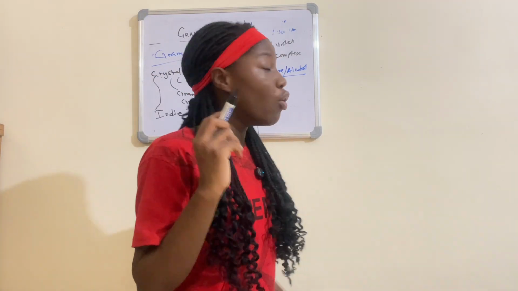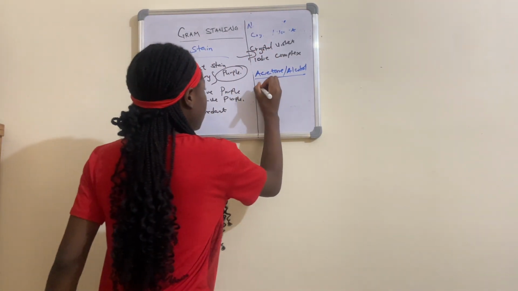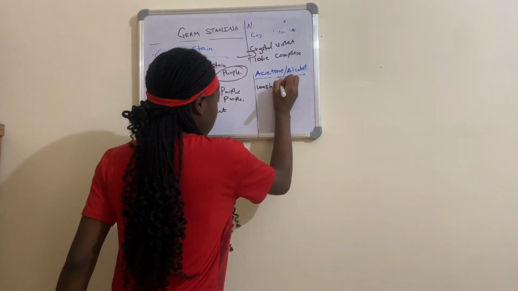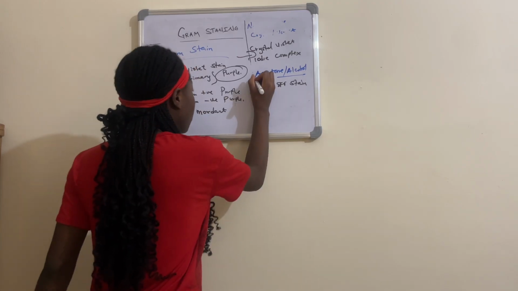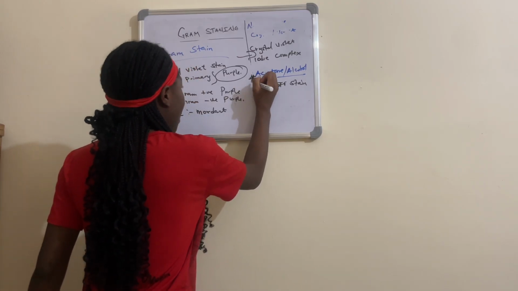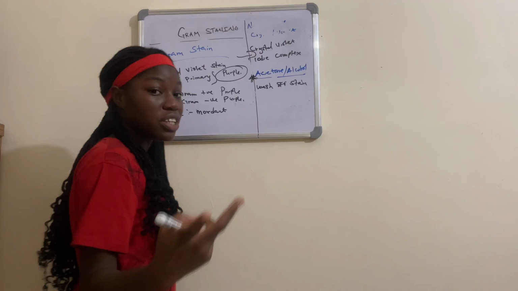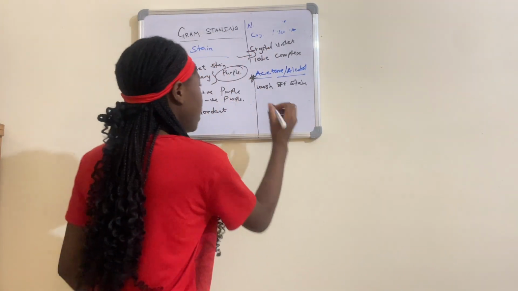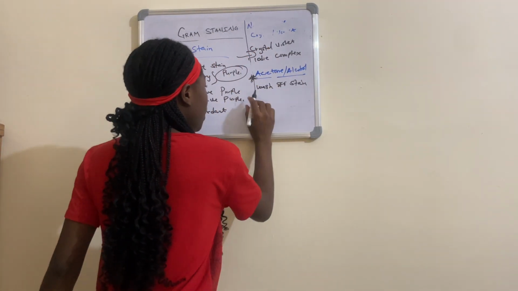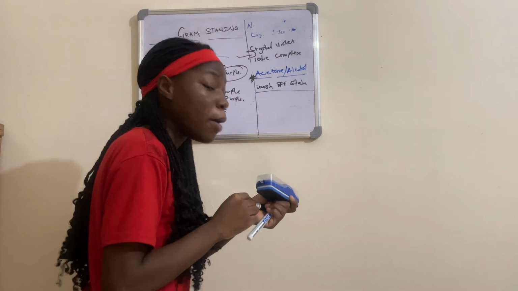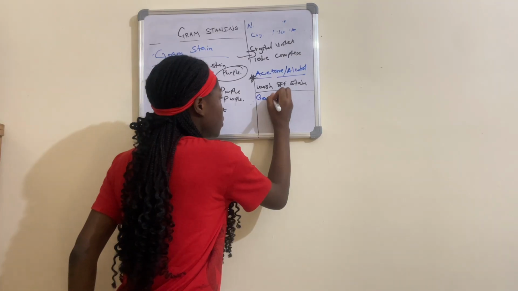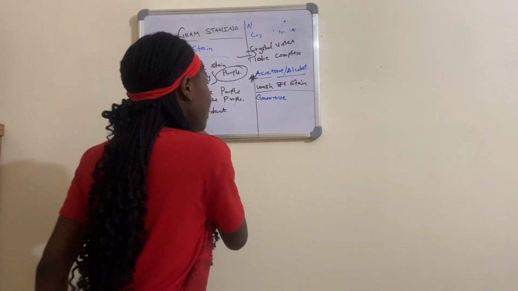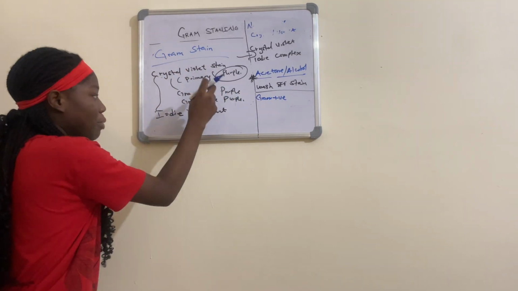When we add the acetone or the alcohol on the slide, it washes off the stain. This is one of the most important steps, adding the alcohol or the acetone, because this step helps to differentiate the two materials. After adding the acetone or the alcohol, it washes off the stain. Then the gram-positive bacteria, remember they have a thick peptidoglycan layer, so they retain the purple color of the crystal violet that we added before.